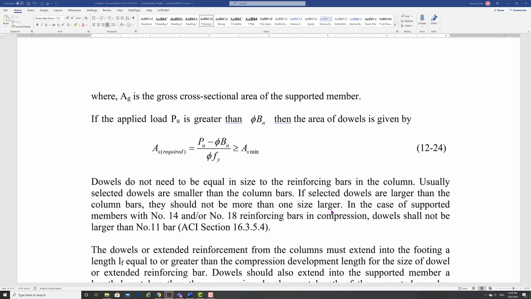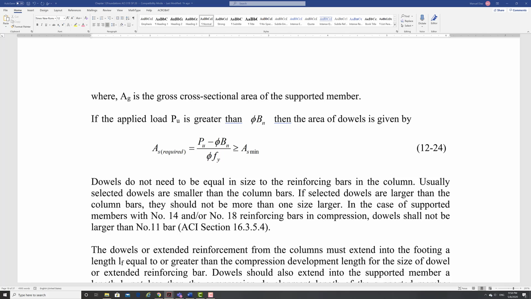This is the kind of practice. Now, if you have number 14s or number 18s in compression, your dowels cannot be more than number 11 bars. So that's an exception there. So 11 to 14, 11 to 18. Okay? Very important. And again, that one is in 16.3.5.4.